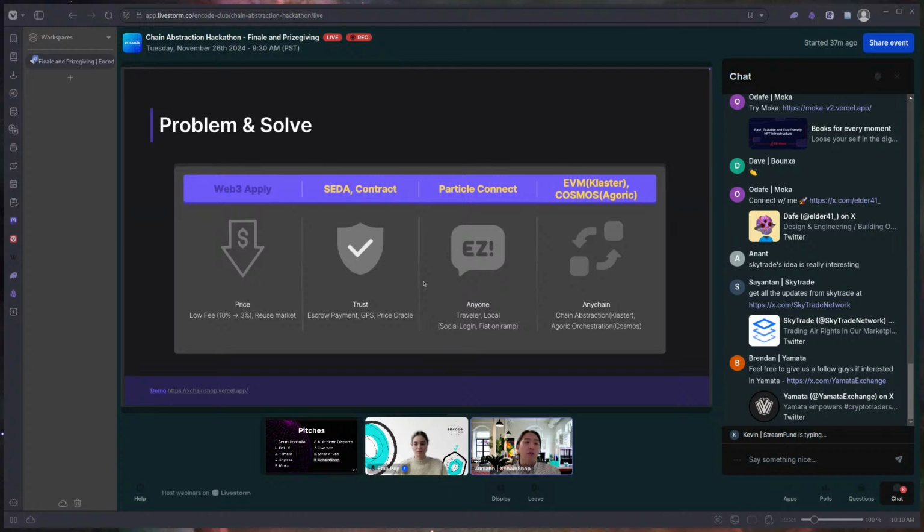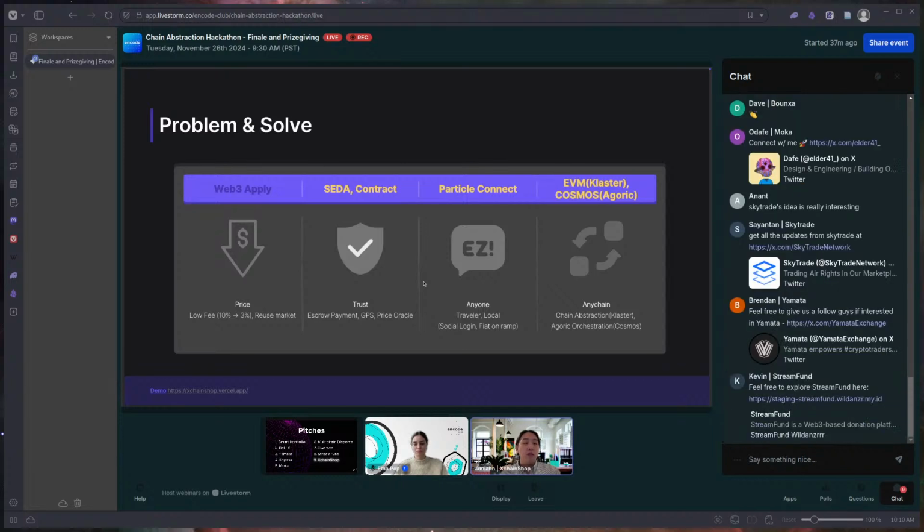Next is trust. We've got escrow payments to keep transactions secure, GPS tracking, and a price oracle to ensure everything stays fair and transparent. On the tech side, we are leveraging SEDA and smart contracts to make it all seamless. It's accessible to anyone, travelers, expatriates, or anyone who needs an easy trading option abroad.